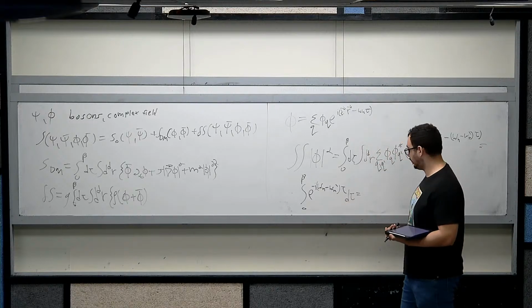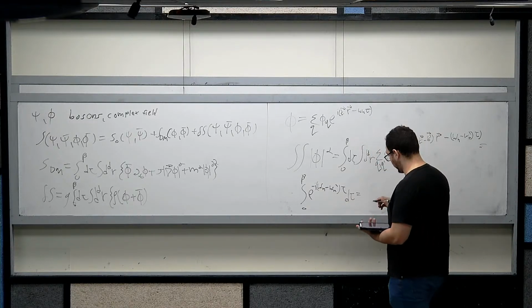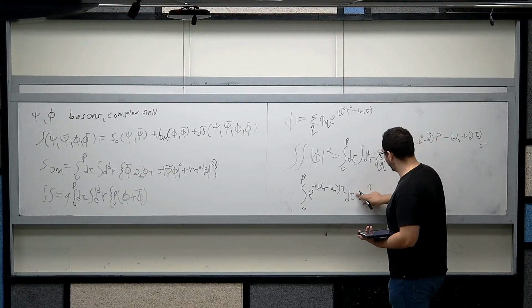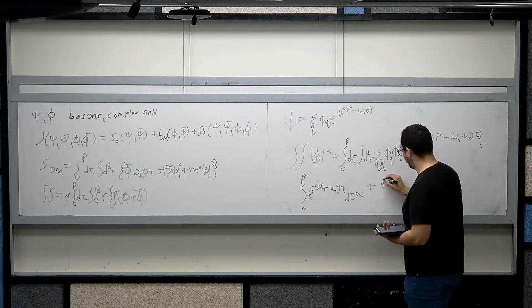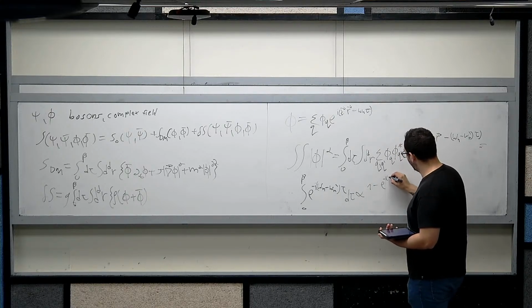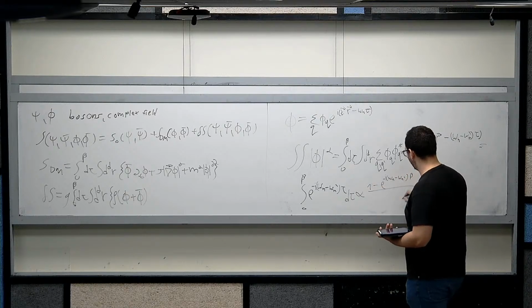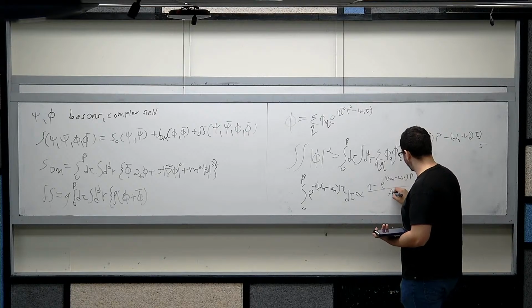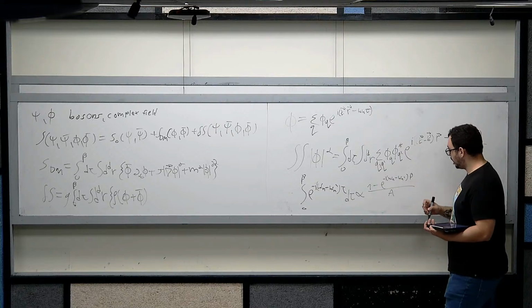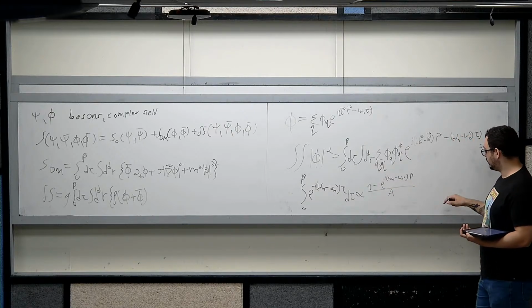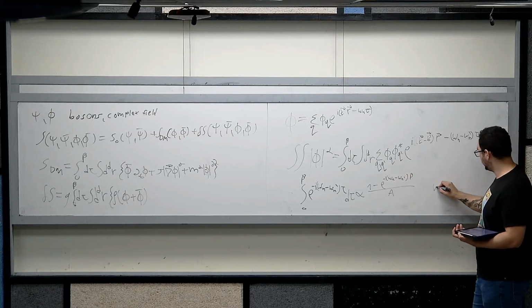This is a known integral with a solution that goes like 1 minus e to the minus i omega n minus omega n tag beta, divided by, let's just say a. The constant here doesn't really matter. So we know from Matsubara that the Matsubara frequencies of ours would be omega n equal to pi n divided by beta.